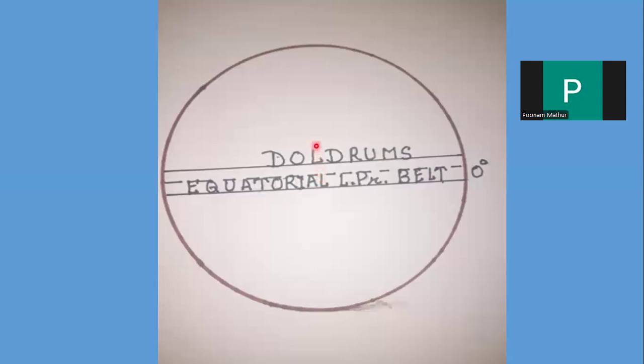There is an absence of air in this region. The vertical movement of the air takes place, but the horizontal movement is not there. That is why the equatorial low pressure belt is called the belt of calm.